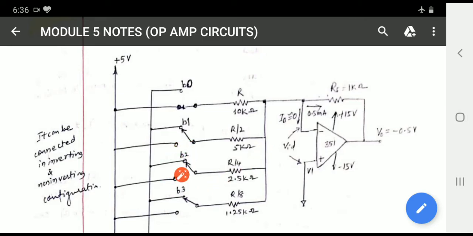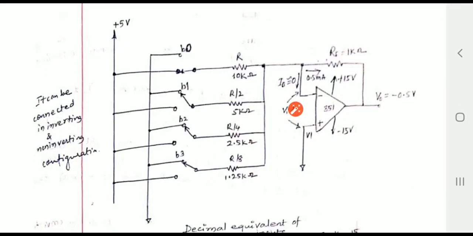Similarly for B2 the weight is 4, so it is R by 4. For B3 the weight is 8 because 2 raised to 3 is 8, hence it is R by 8. So the selection of resistors is based on the position, or the weight, of the binary inputs.